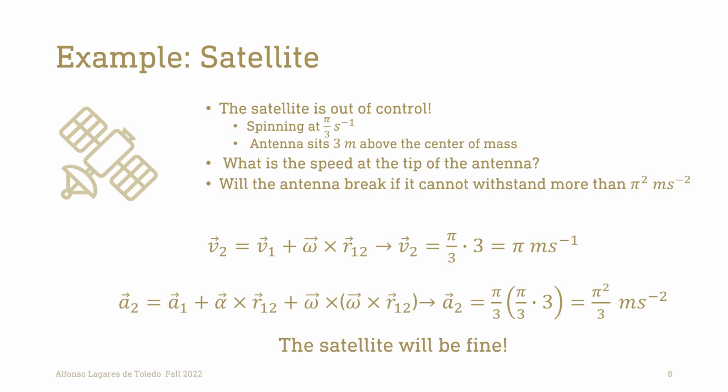And for the acceleration, we have no acceleration at the center of mass. We also have no angular acceleration because it's spinning at a constant rate. So we're only left with the last term, which comes out to be pi squared over 3 meters per second squared. So using the relations we found, we can tell that the satellite will be fine, even though it's spinning out of control.